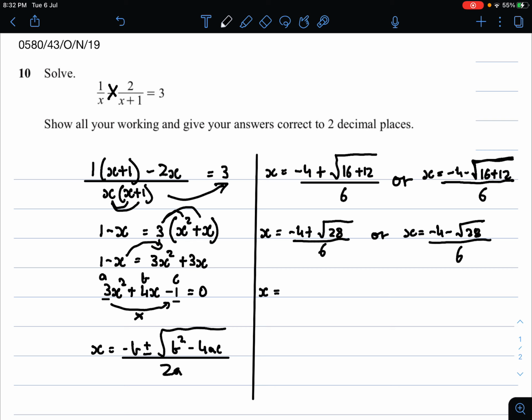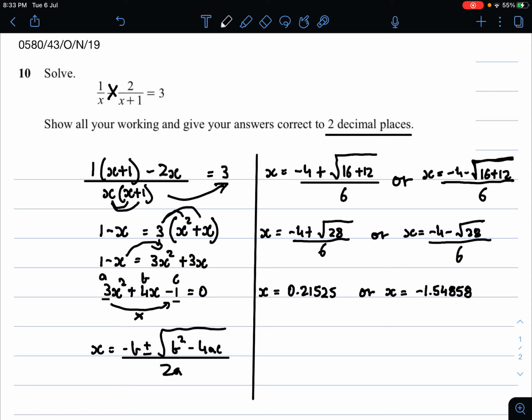So you will get 0.21525, or x is equal to minus 4 minus root 28 whole thing divided by 6. So you will get minus 1.54858.